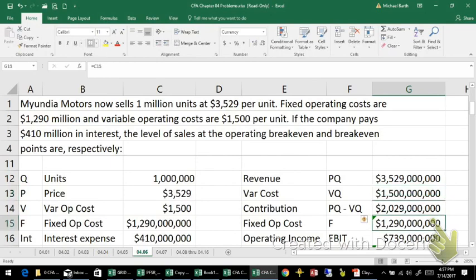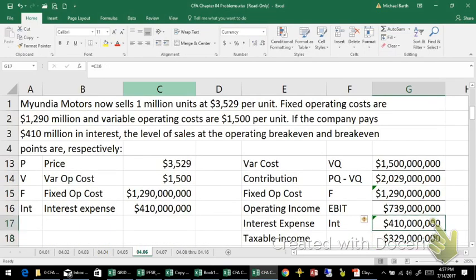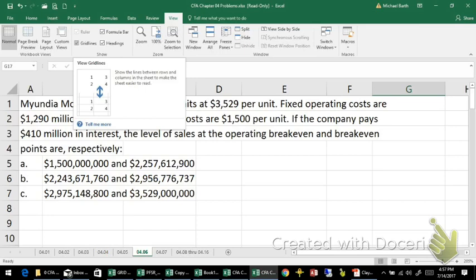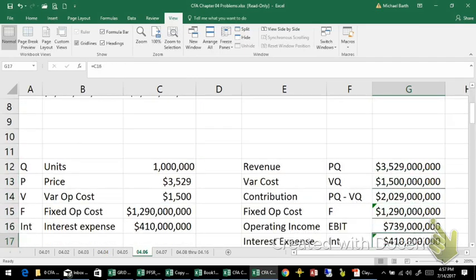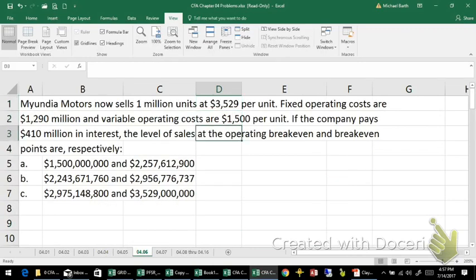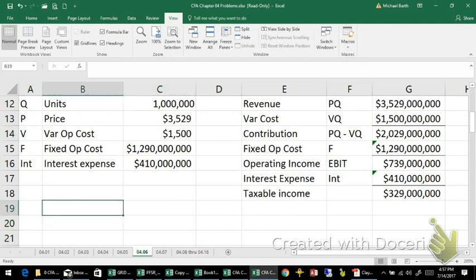I put my accounting lines underneath every place where I'm doing a calculation. When I'm looking for the break-even, the operating break-even is the point at which operating income is exactly equal to zero.